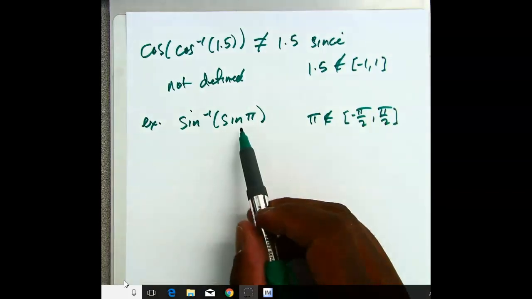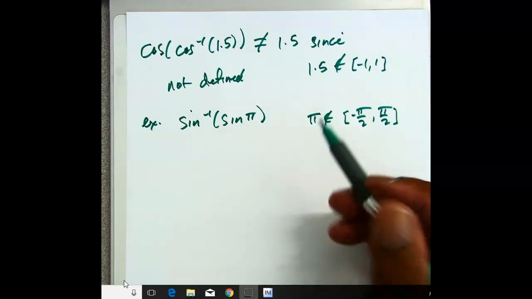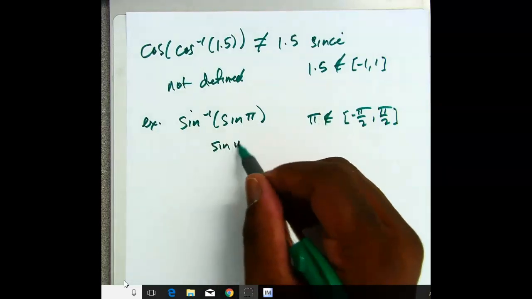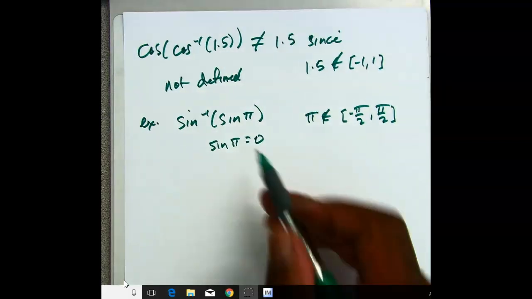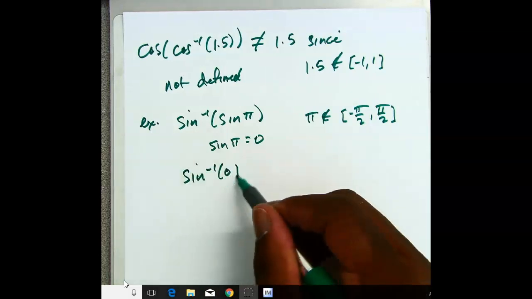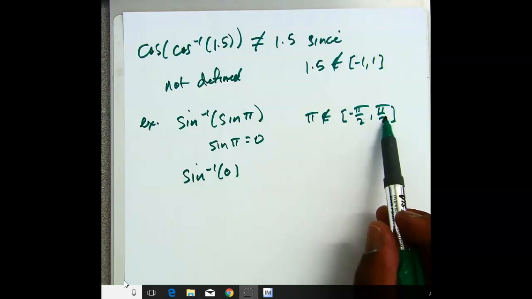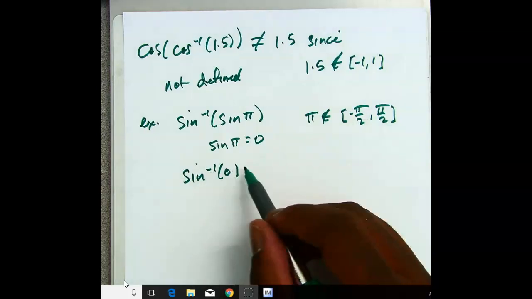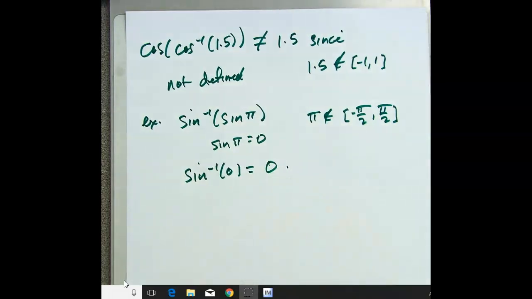All right, so we have to evaluate the sine of pi first. So the sine of pi is 0. So we replace the sine of pi with 0. So the inverse sine of 0, now 0 is between negative pi over 2 and pi over 2, and the inverse sine of 0 is just 0. So that would be our solution.